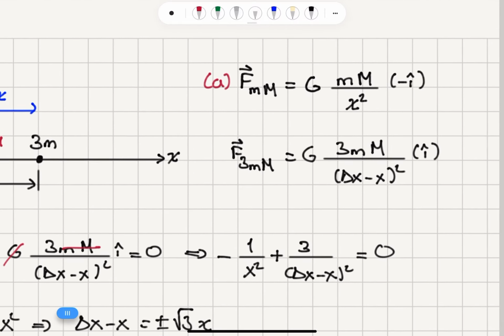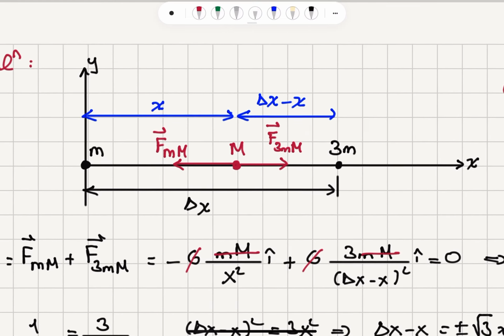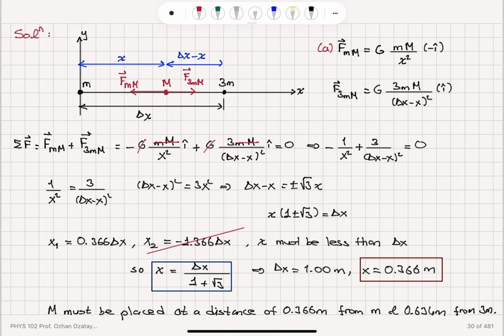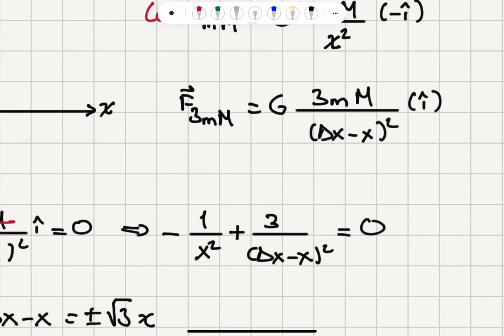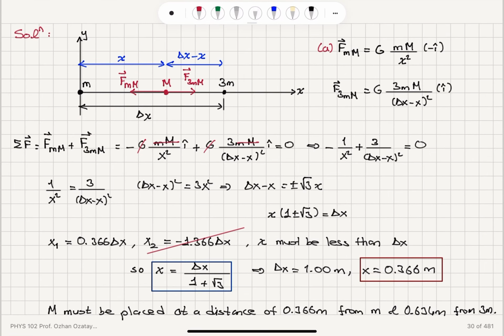By writing the gravitational force between m and capital M, noting that it is attractive, G m capital M over x squared in the minus i hat direction, pointing towards m, and it scales as 1 over the distance between them squared. And the force applied by 3m on capital M is G 3m capital M over (delta x minus x) squared in the i hat direction, pointing towards 3m.